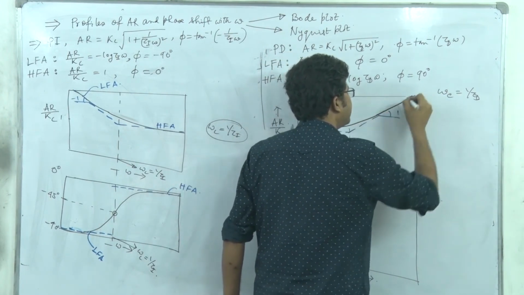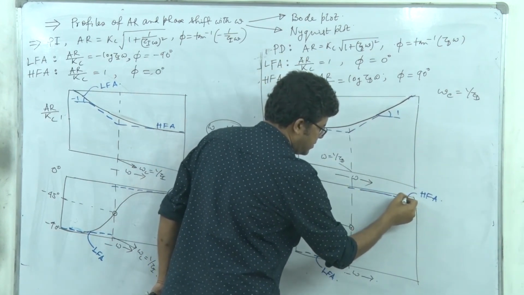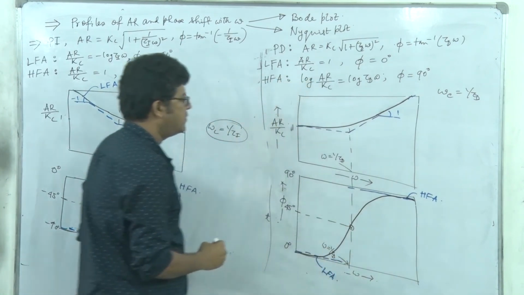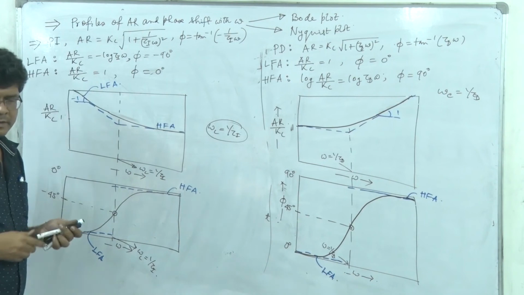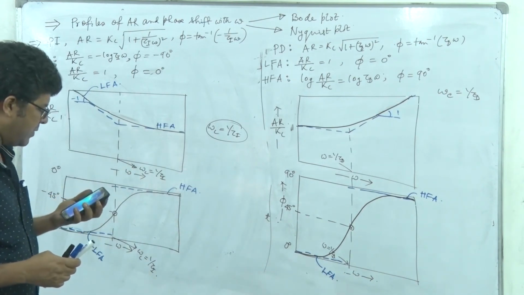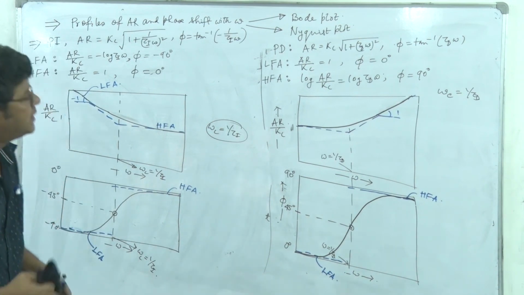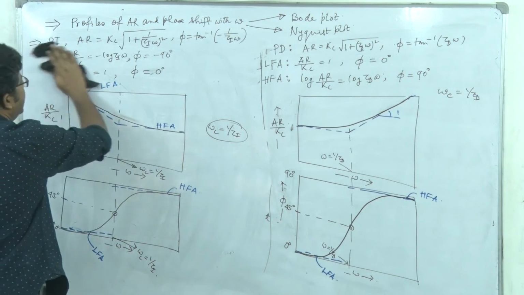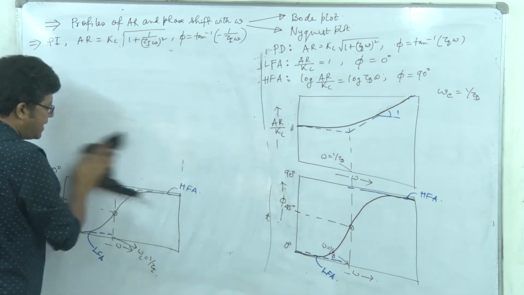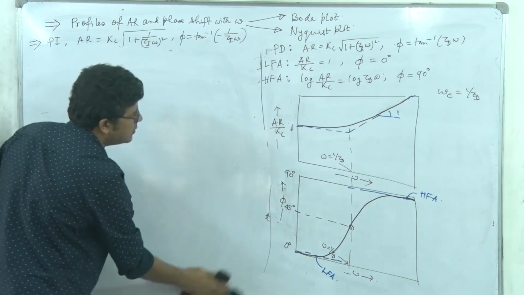And here is this. And the next will be if I combine all these, PI and PD, we get PID. So what will be the Bode plot for PID?